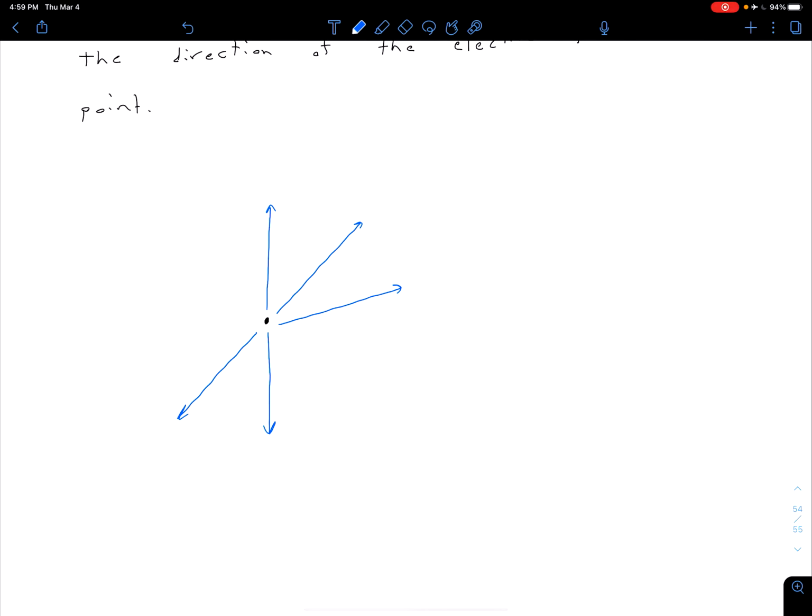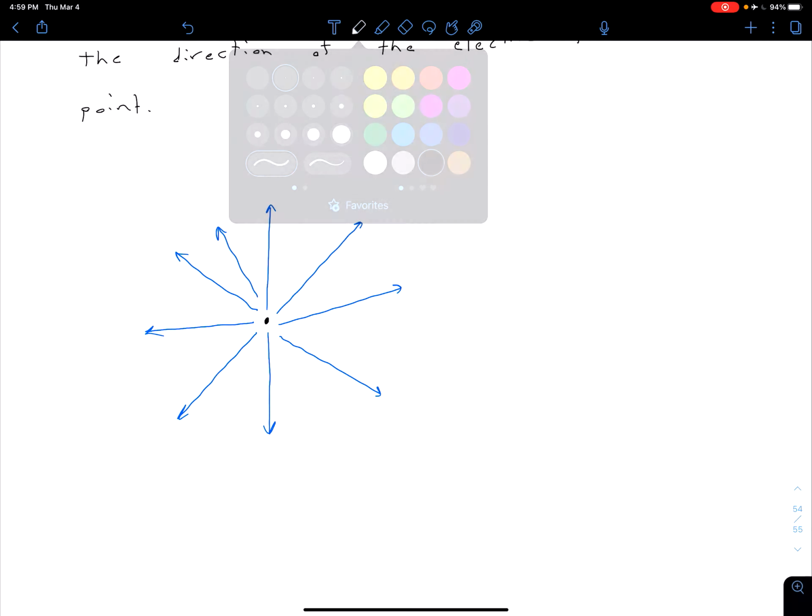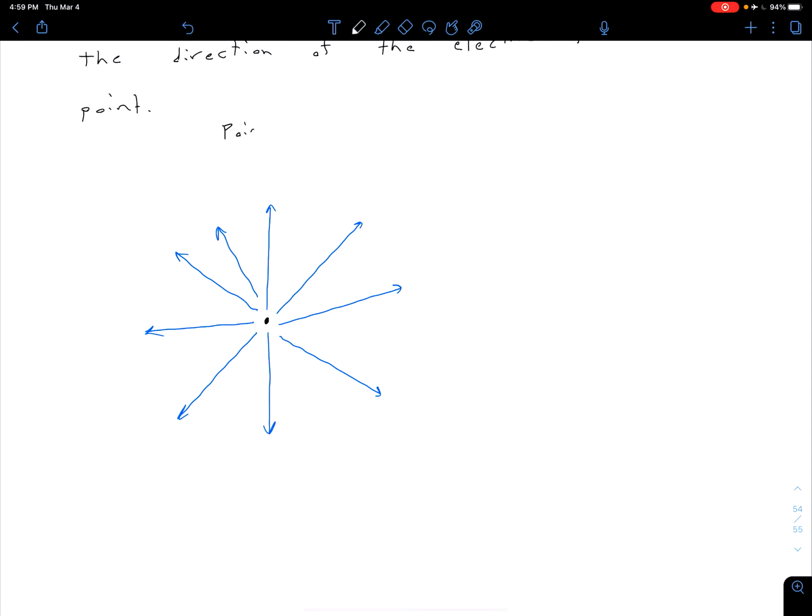So we would have electric flux lines that look like this. Keep in mind there would also be lines coming into and out of the page at all angles, so it's basically a sphere of these electric flux lines emanating from our point charge. Let me label that this is a point charge, and let's label that as Q.